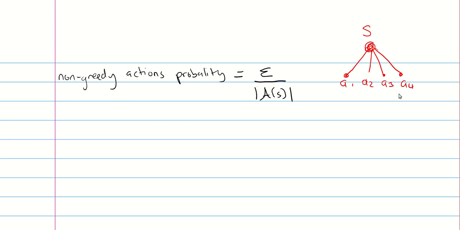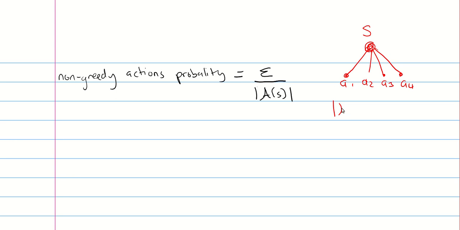By stating it like this, we can now say what is the probability of taking action 1, action 2, action 3, and action 4? So this is what we are considering here. So what is the cardinality of A(s)?